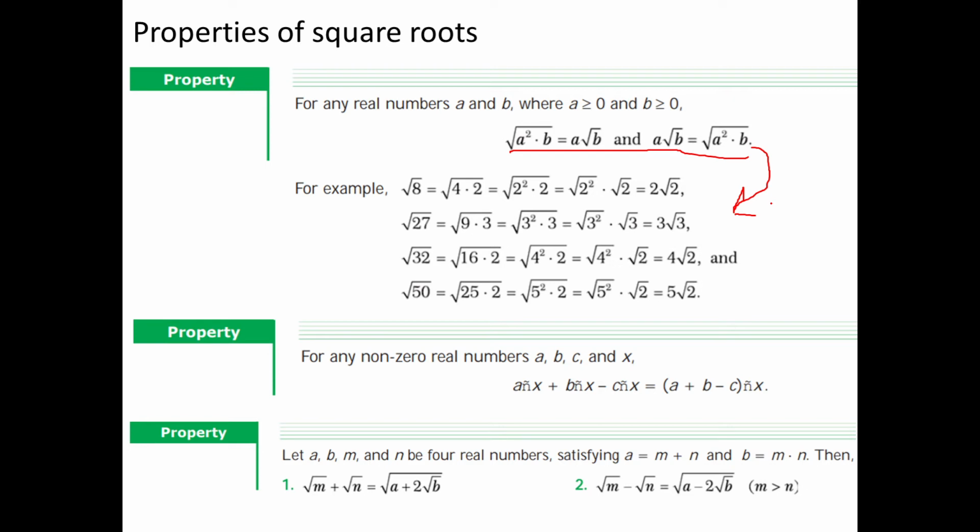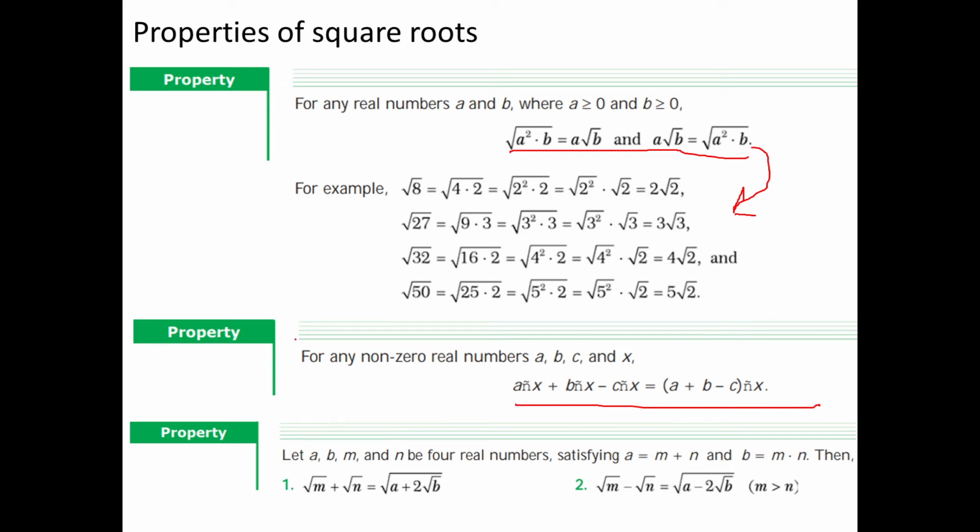And there is our fourth property. It says that for any non-zero real numbers a, b, c, and x, we can use this property like this: a square root of x plus b square root of x minus c square root of x is equal to, in brackets, a plus b minus c, times the square root of x.